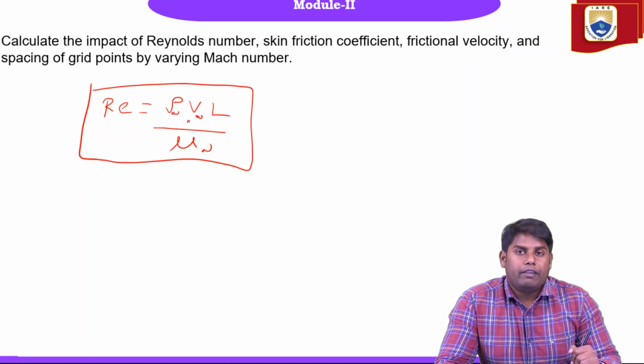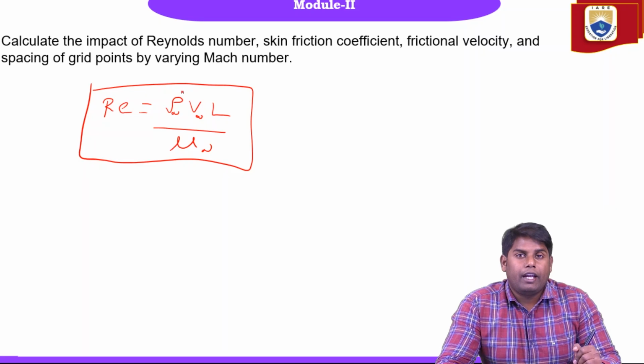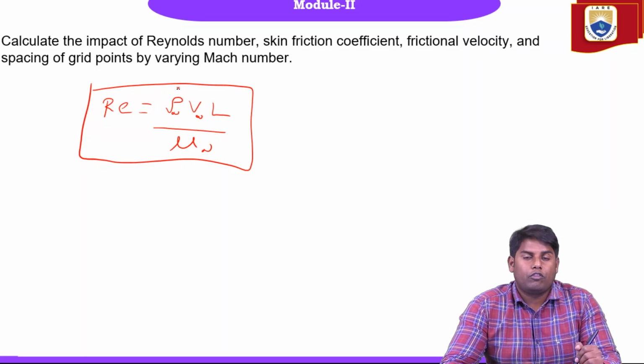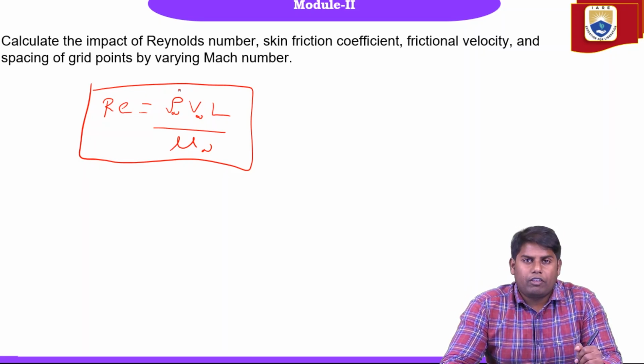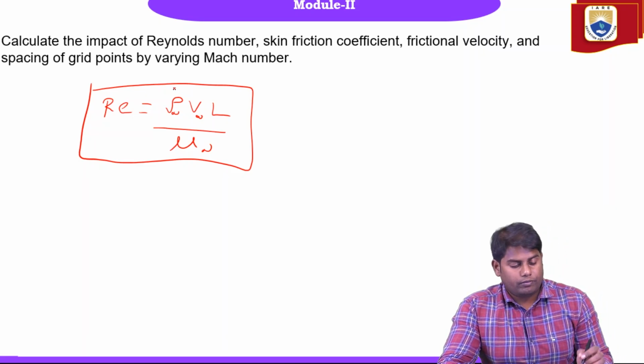So we have density, velocity, and reference length, and the dynamic viscosity. These parameters can define the entire flow properties for a fluid flow as it moves from one place to another.